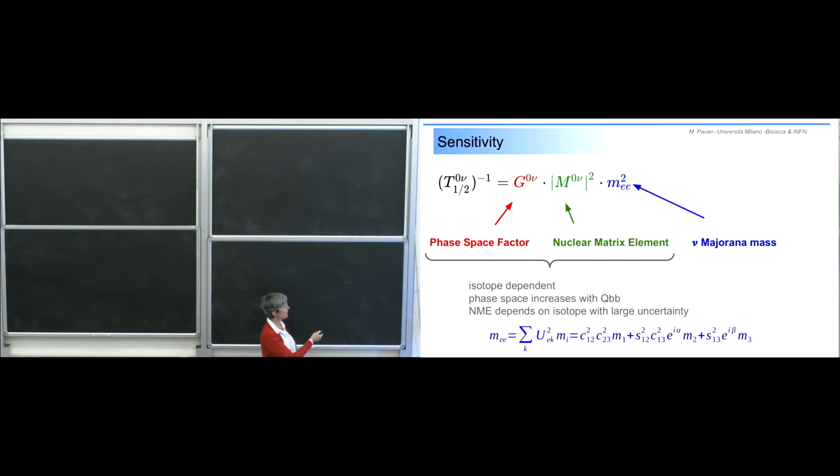The inverse of the half-life is proportional to the square of this parameter. And here, as in all the nuclear decays, we have two factors. One is the phase space, and the other is the nuclear matrix element.